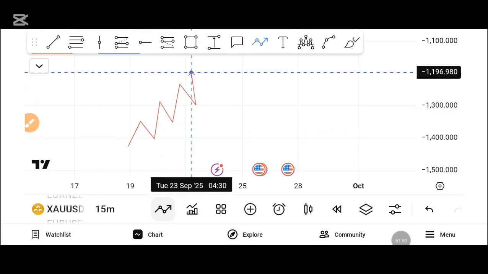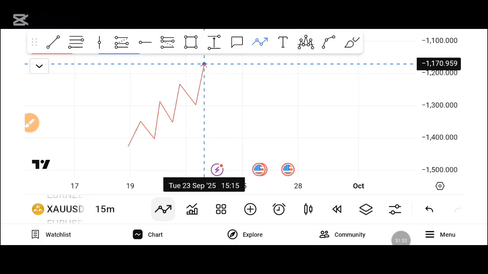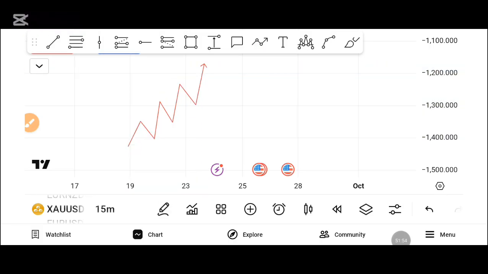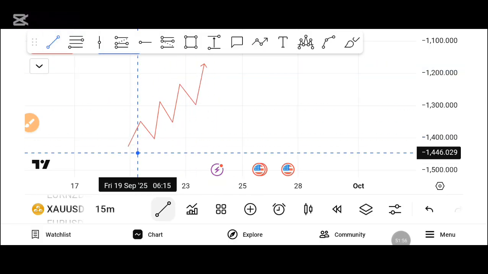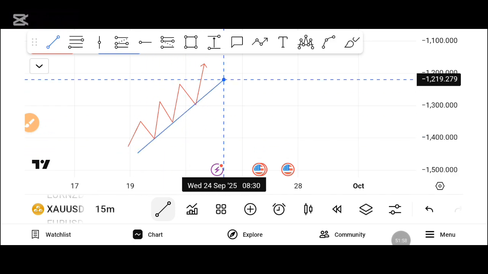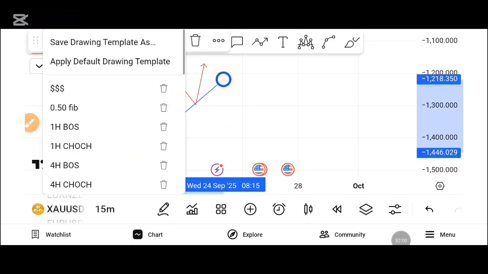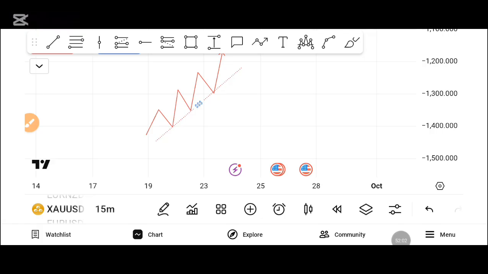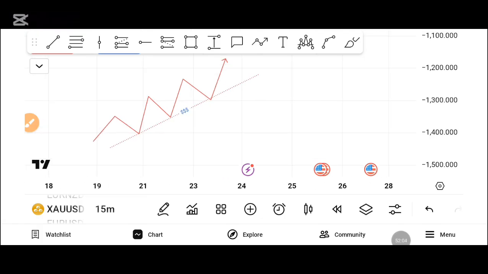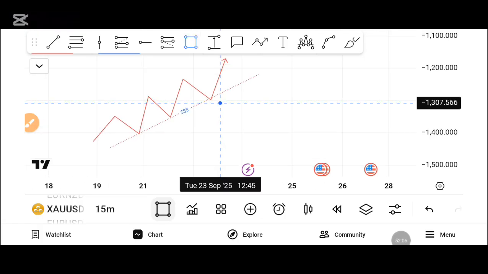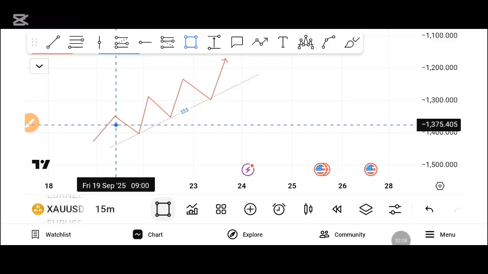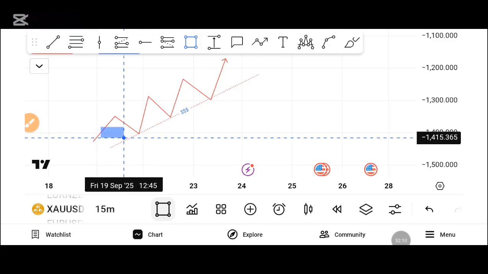You can see the market giving us a high, higher low in this progression. This is liquidity. The reason why it's called liquidity is because there are a lot of orders at this point. There are a lot of selling orders here.